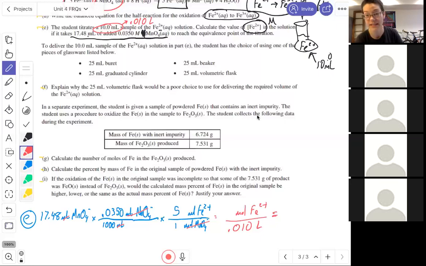Miss Baskin, where does this come from? Where did the 5 come from? The balanced chemical equation. Got you. All right, so what are you getting to 3 sig figs?